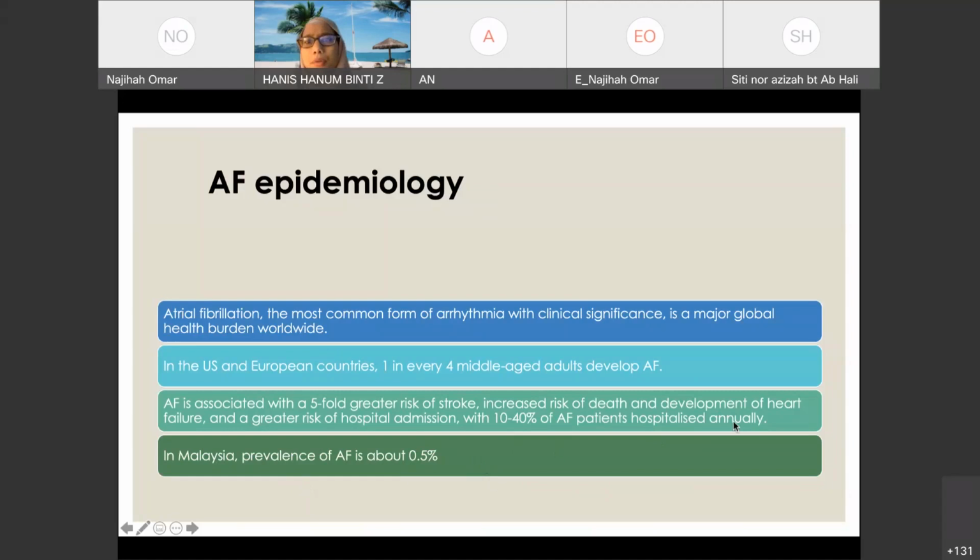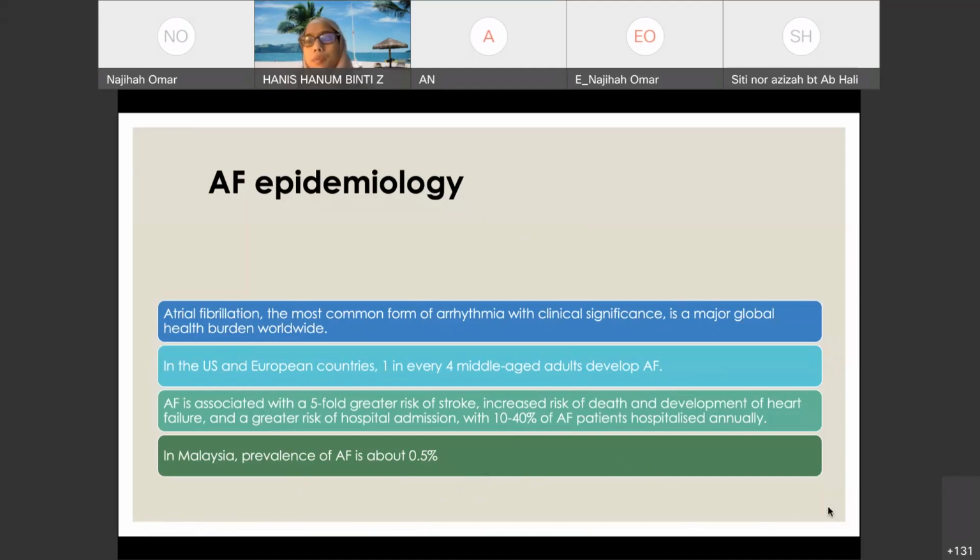Now, why is it important for people to know that they might have AF or not? Because AF is associated with 5 times the risk of stroke, increased risk of death and development of heart failure, and greater risk of hospital admission.